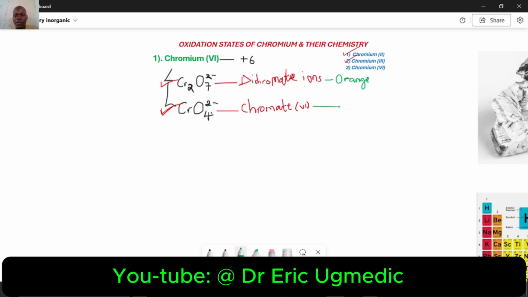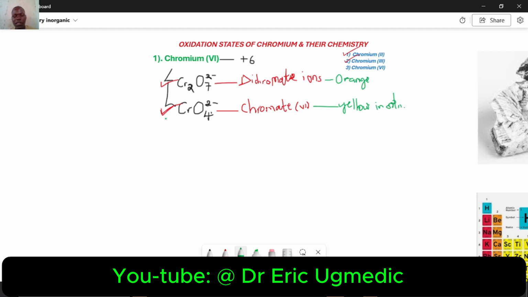And then the chromate 6 will appear yellow in solution.